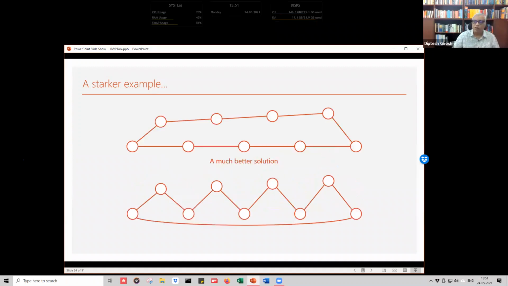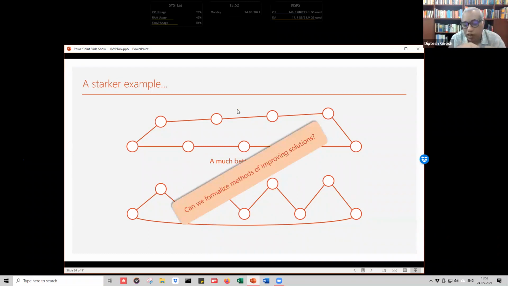However, if I look at another solution, then this solution will be a much better solution than this one. Obviously, this solution can be obtained from this one by minorly tweaking my initial solution. And that is where we have methods where we start off with an initial solution and try improving it. So that is the next part of this talk, where we'll be talking about improvement heuristics.